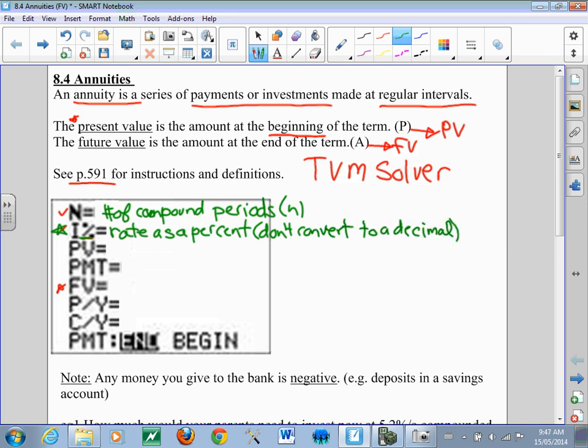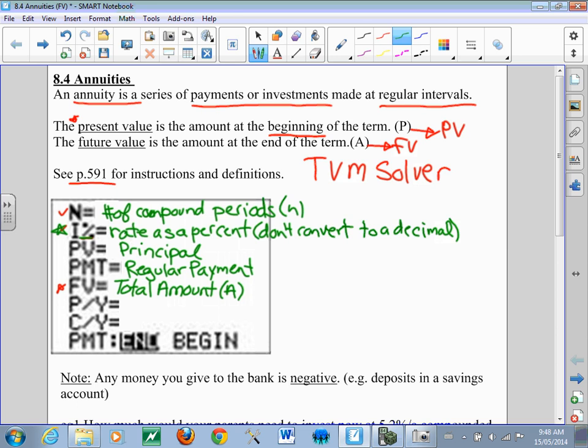PV, that's the present value, so that's the amount at the start, like your principal. Payment is what you're going to calculate, a regular payment. Future value is your total amount at the end, so that's your A, or future value.